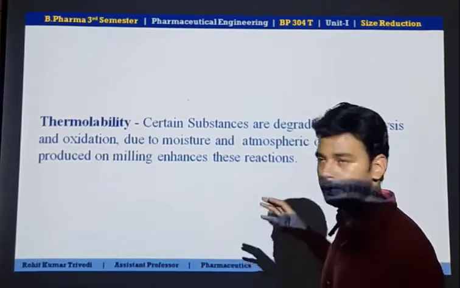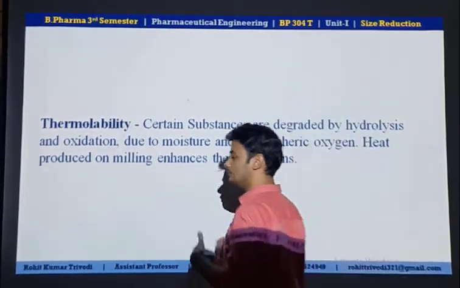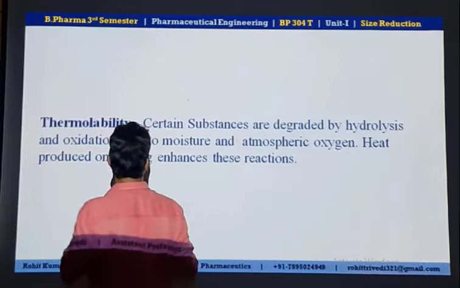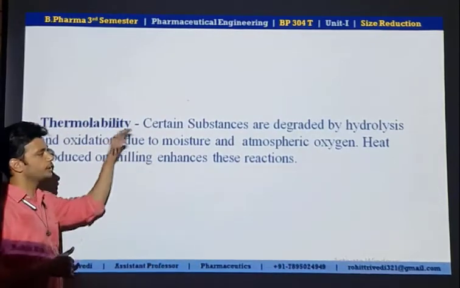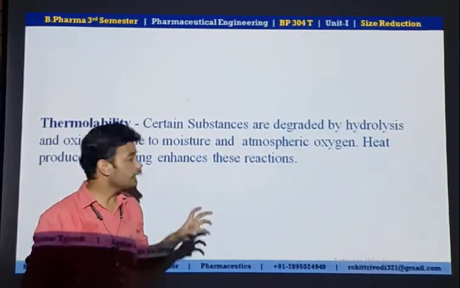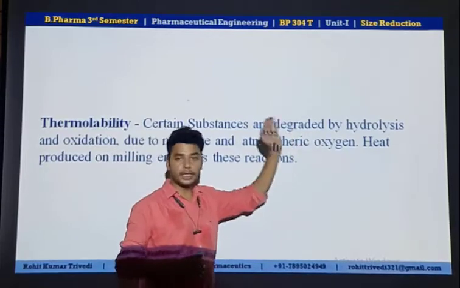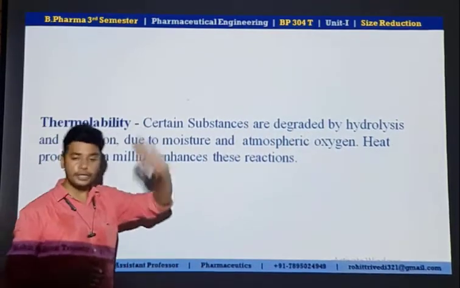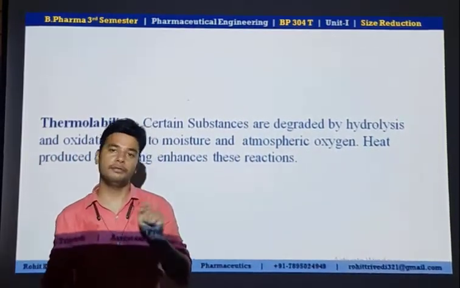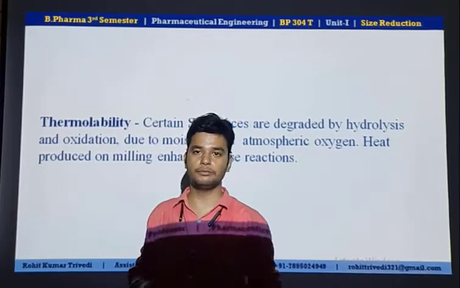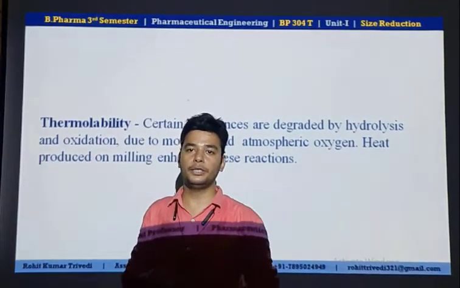Okay, you are required to remember that we feel difficulty with thermolabile substances during size reduction. What we do is control our environment: we can control the moisture, the air, and also the temperature.